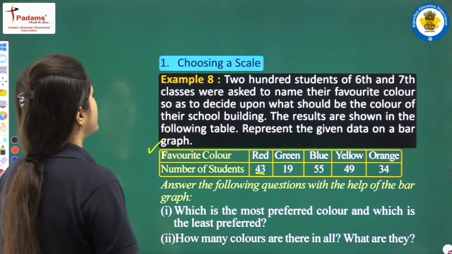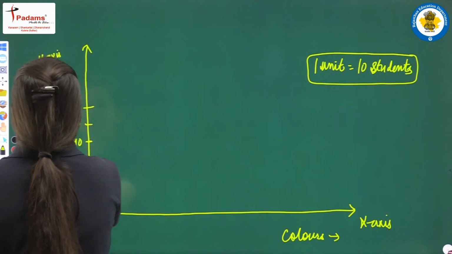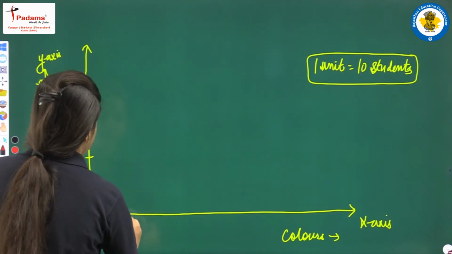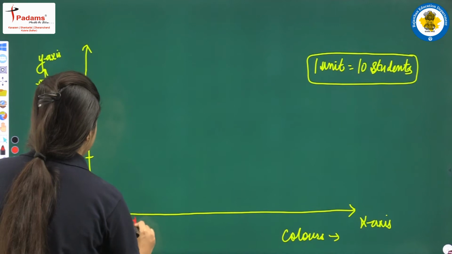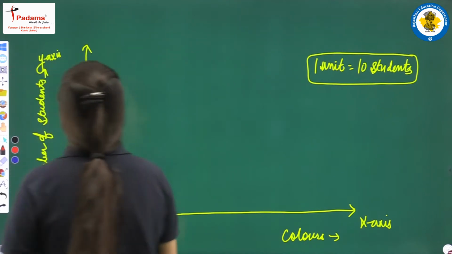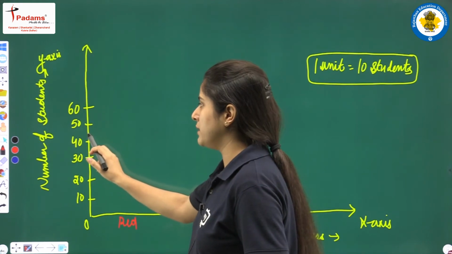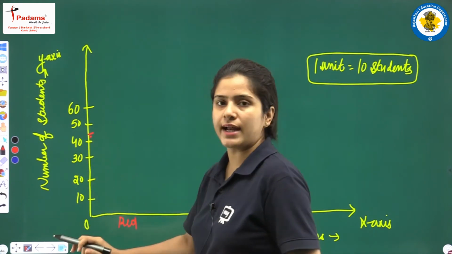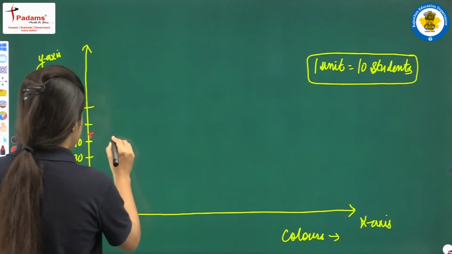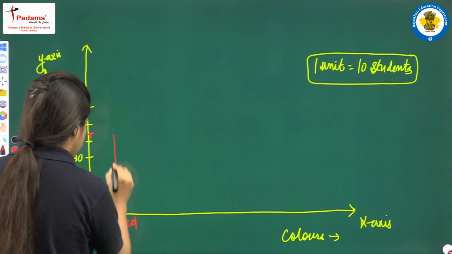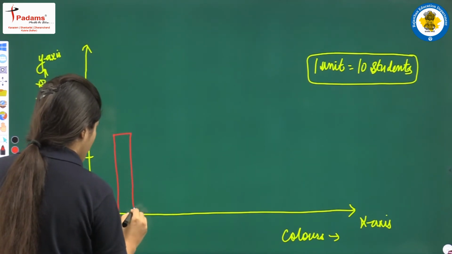Okay students, so how can we do that? We'll take the red color here. And 43 is clearly somewhere between 40 and 50. It will be lower than the half, right students? So we'll select the bar like this.